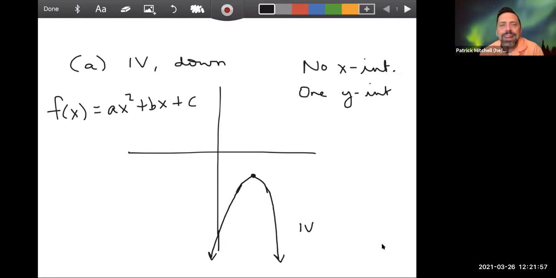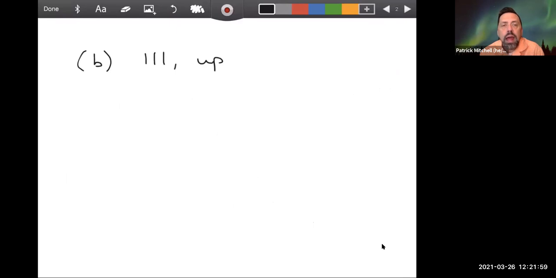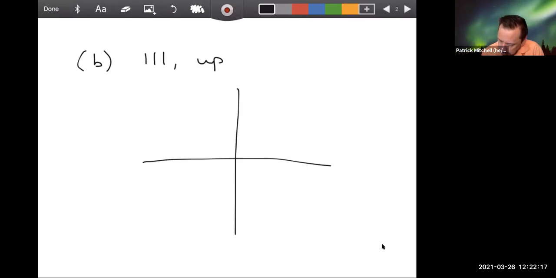Okay, so we'll consider that our warm-up. Remember the second question, how many intercepts does the parabola have, both x and y, if the vertex is in quadrant 3 and the parabola opens up? Okay, so hopefully you don't need to draw the picture this time. Quadrant 3 is over here. Let's say my vertex is right here.